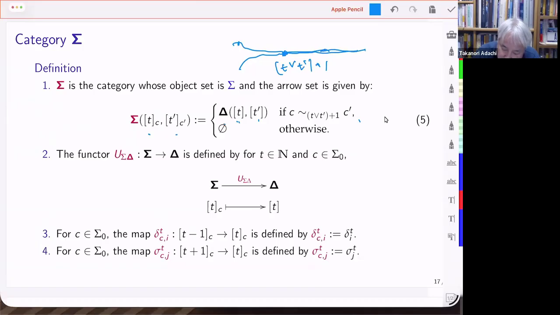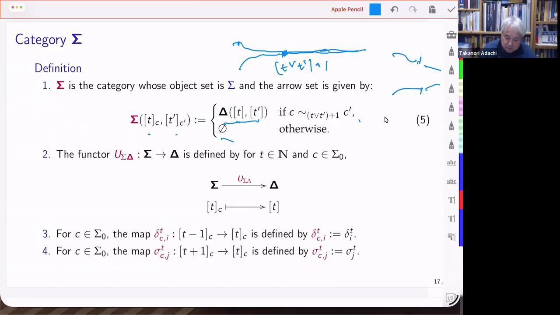Then we can have these guys. If not, it's a very different context, and then between those guys there are no arrows. So it is defined as such: if C and C dash have a parent and children relation, then we have this set of arrows, and this is sigma.